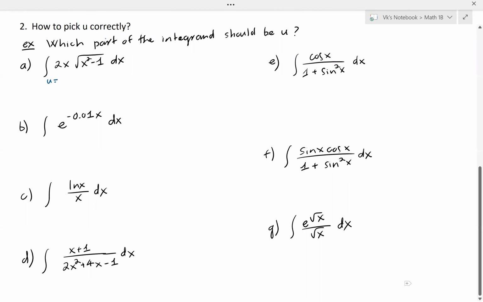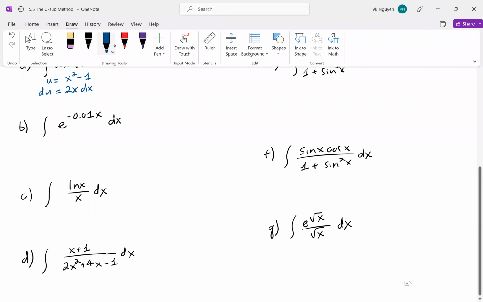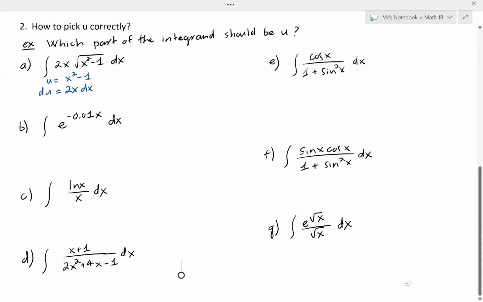So here, u is x squared minus 1, du is 2x dx. Then this would become the integral of root u du.